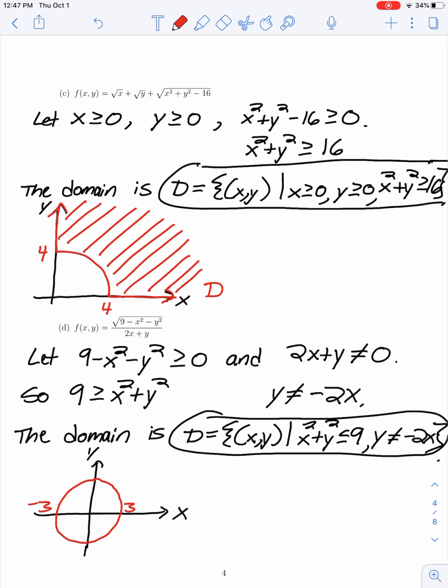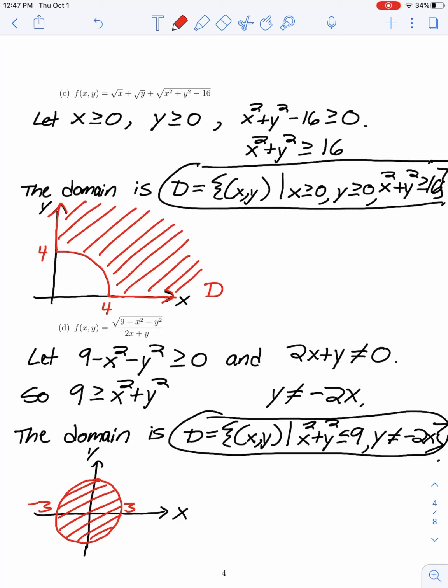So this would be the boundary of our domain, and we're looking at the set of all points where the sum of x squared and y squared is less than or equal to 9. So we're considering points that lie on circles of radius less than 3. So every point inside of this circle.